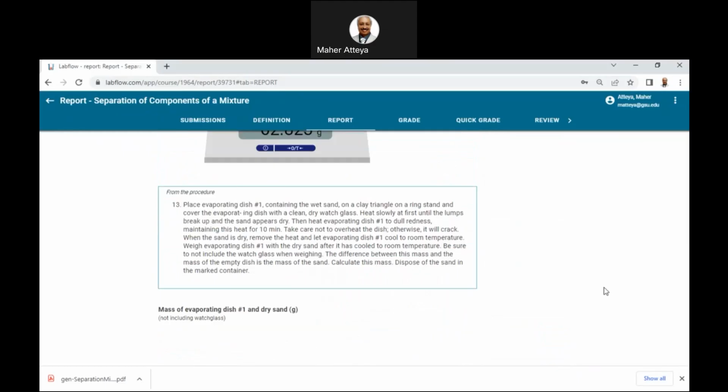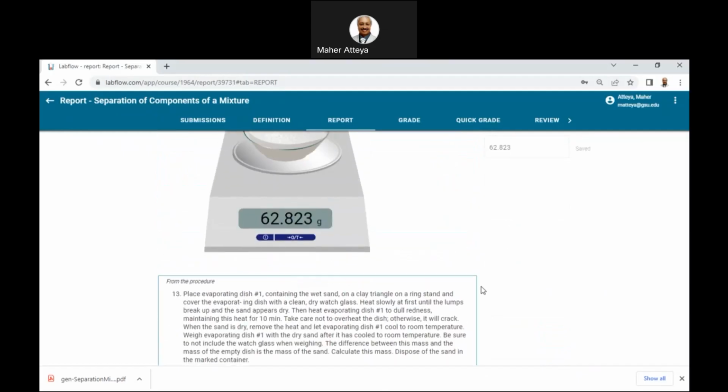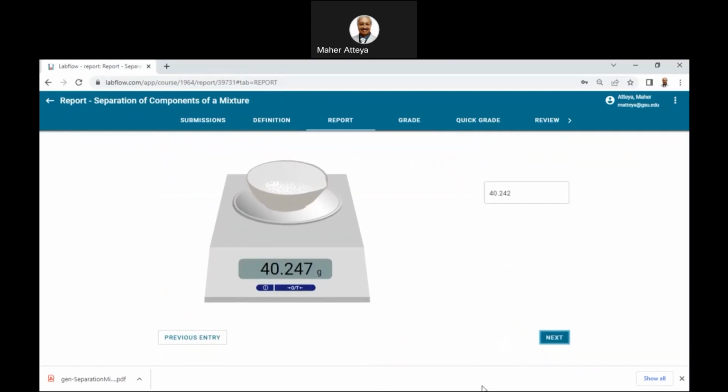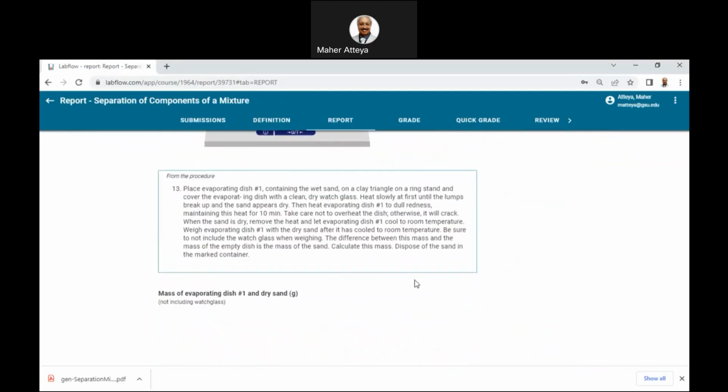Mass of evaporating dish and dry sand. This is 42.247. Copy and paste.